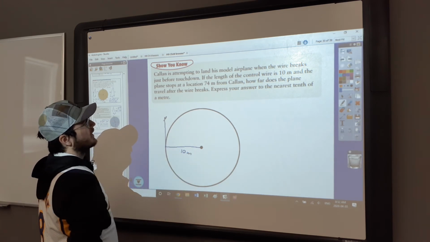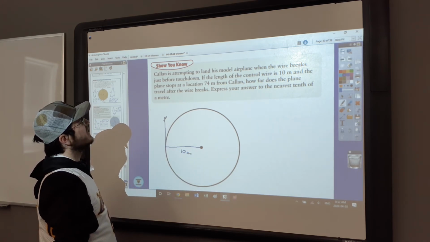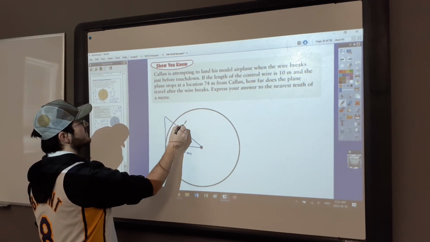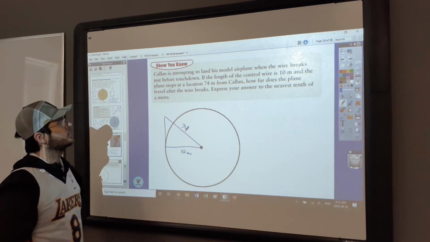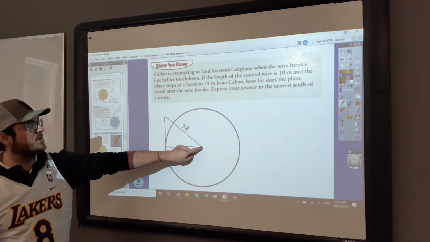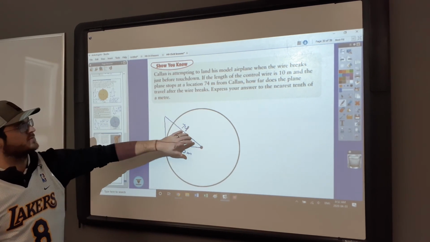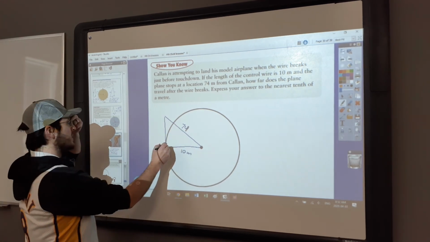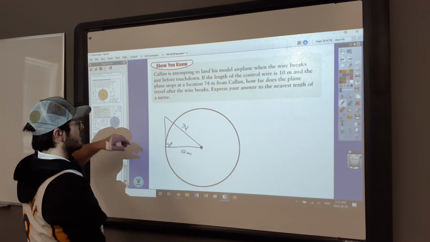So he actually flew a long way, because now this is 74. Assuming he's standing here, this is actually 74, so this picture is obviously out to lunch, but it doesn't matter, we can still do the math behind it.